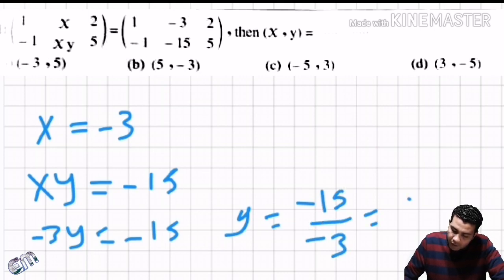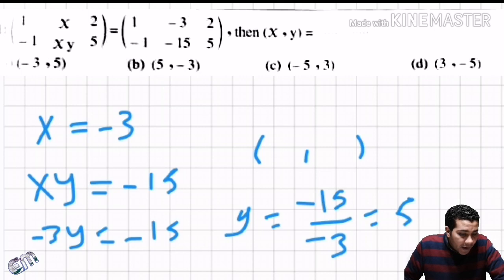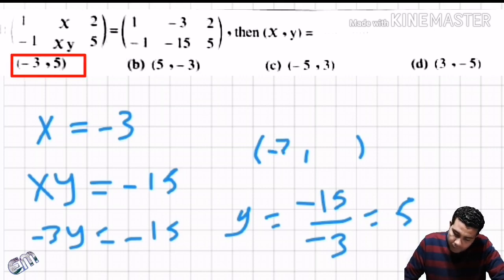The result will be 5. Then y equals 5. And the ordered pair can be written in the form: negative 3 and 5. This is the result.